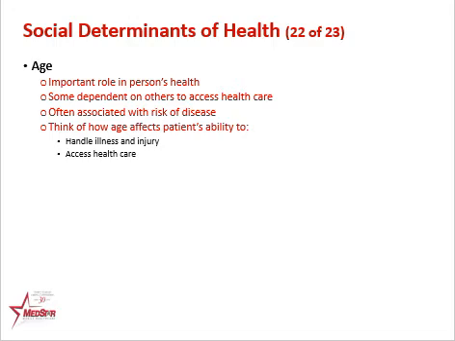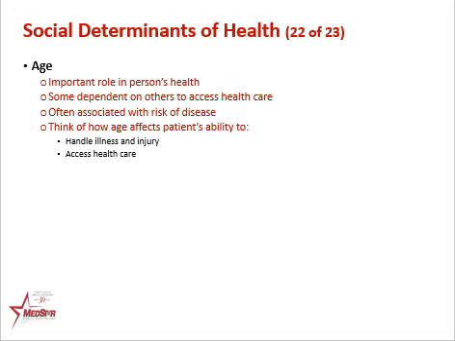Age can also play an important role in a person's health. At the extreme ends of the age spectrum, people are often dependent upon others to help them access health care. You have an older population, or on the flip side, a younger population. I have 2 toddlers that I keep alive every single day because they rely on me for every little thing.